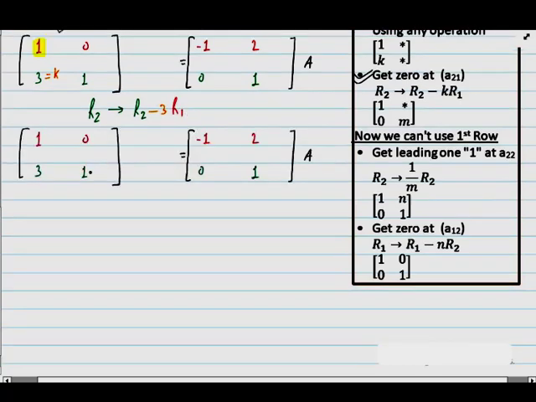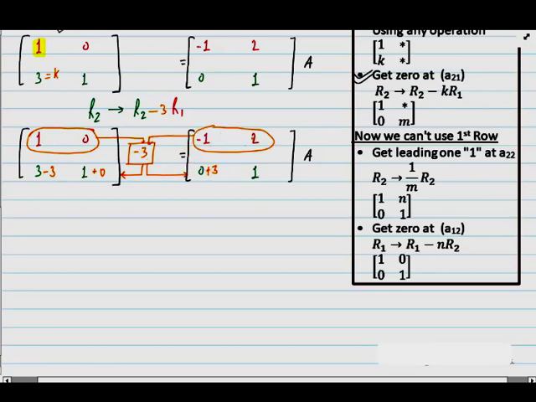So in this process we have to multiply minus 3 to R1. So let's multiply minus 3 to the first row and then add it to the second row. 3 minus 3 is 0, 1 minus 0 is 1. Same thing on the right side, minus 1 minus 3 become plus 3, 2 minus 3 become minus 6.